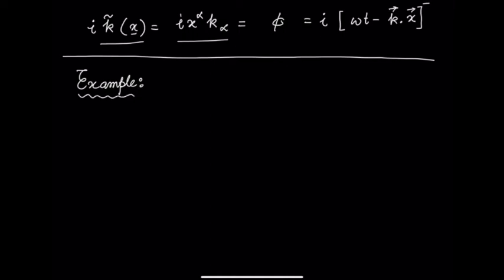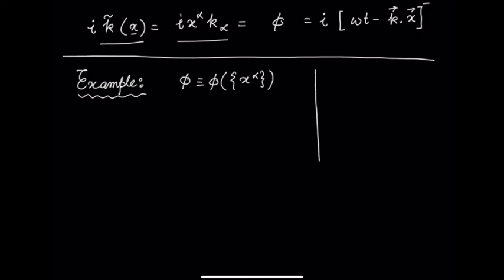So what is the example? The example is that I have this phi defined everywhere in space, which is a scalar, and phi is a function of all these coordinates. So when I write with a set symbol, it means that it's a function of all four values of x alpha.